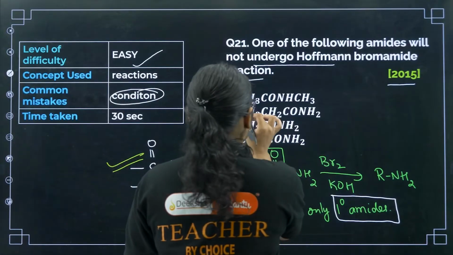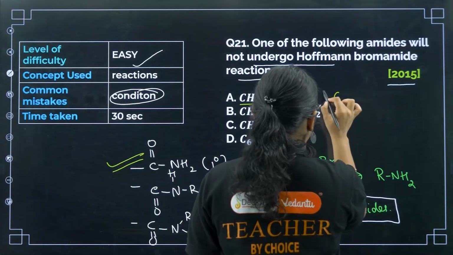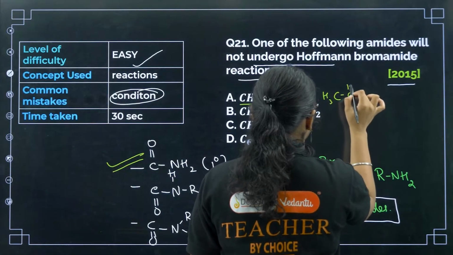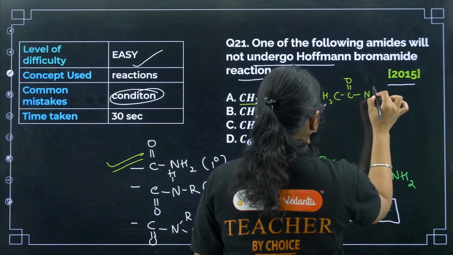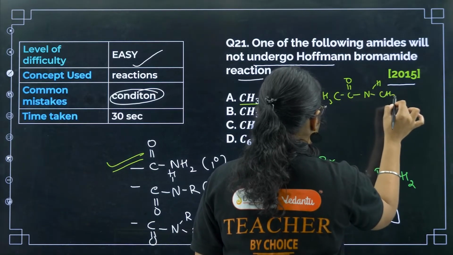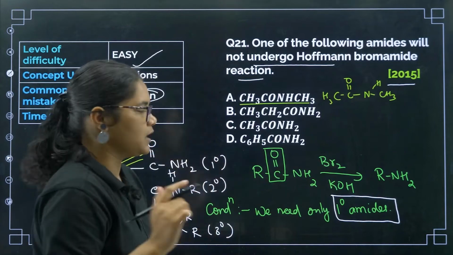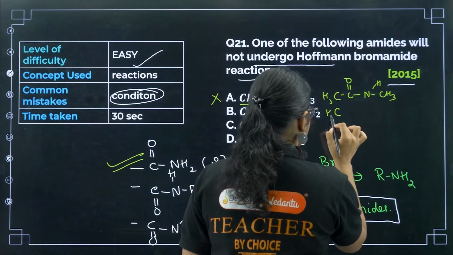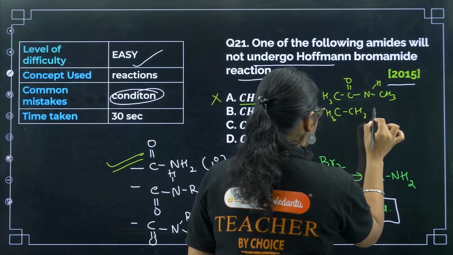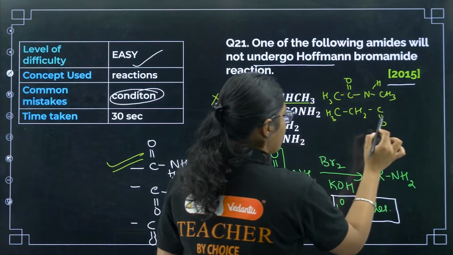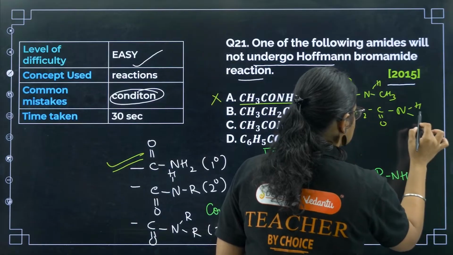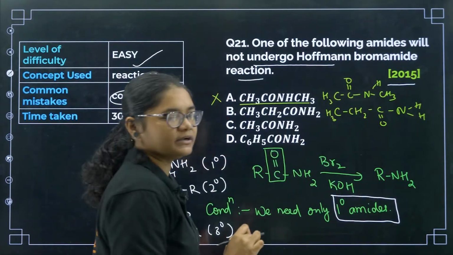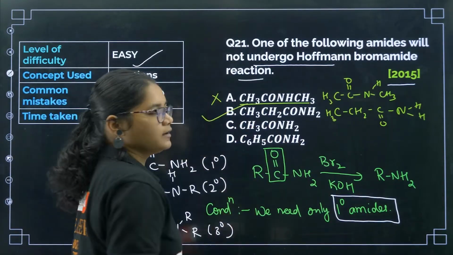So now if you see the structure here, let me draw it: CH3, C double bond O, N, H, CH3. You can see this is not a primary amide, so this one will not react. Next one, we have CH3, CH2, C double bond O, NH2. Yes, it has both the hydrogens, so it is a primary amide, so this will react.